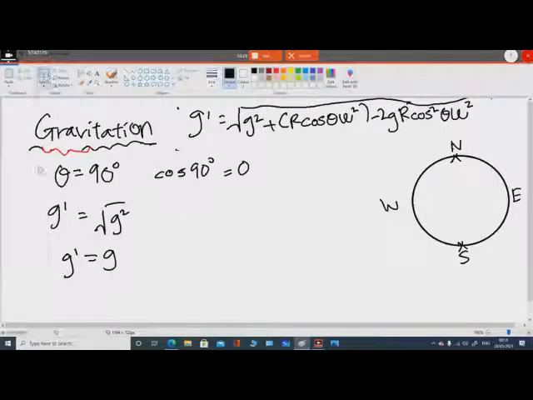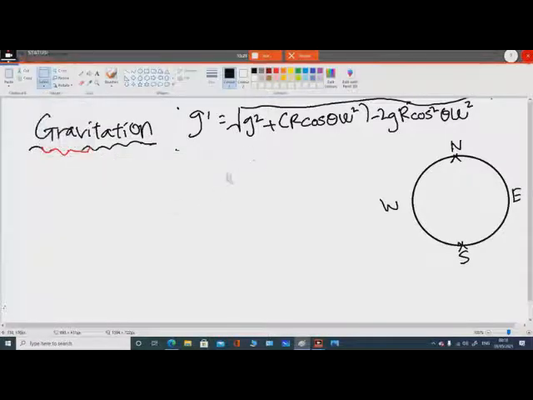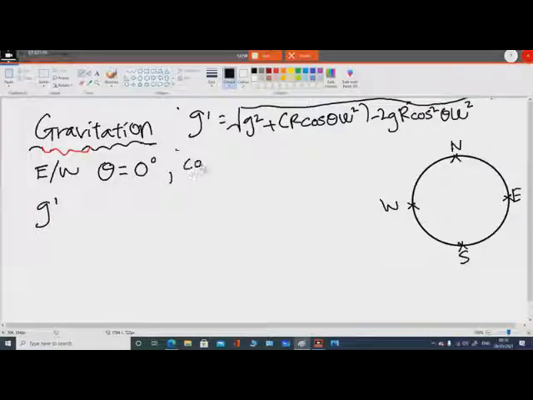Okay, let us remove this one. Okay, what if our mass m lies at east or west? East or west, so our theta will be equal to 0 degrees. So cos 0 degrees is equal to 1.